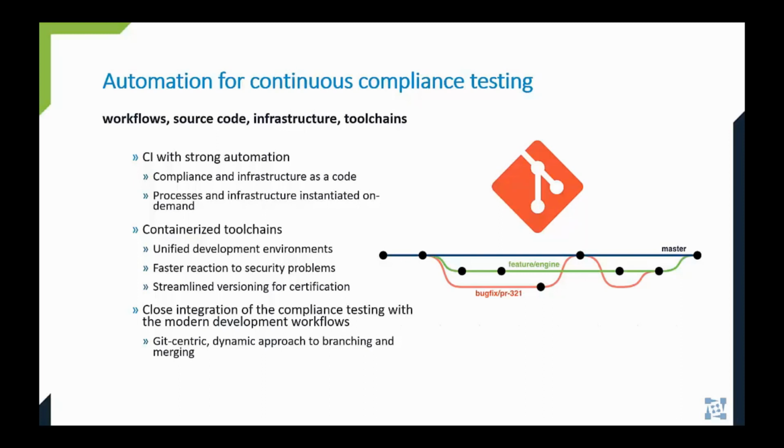And finally, we have the subject of integrating compliance testing with modern development workflows, which is correlated with CI integration. The modern workflows are characterized by a very dynamic approach to branching and merging, and close integration with CI/CD platforms such as GitHub, GitLab, or Azure DevOps.